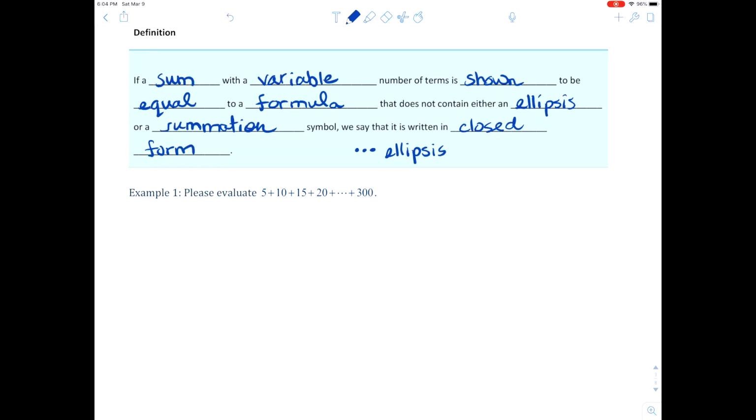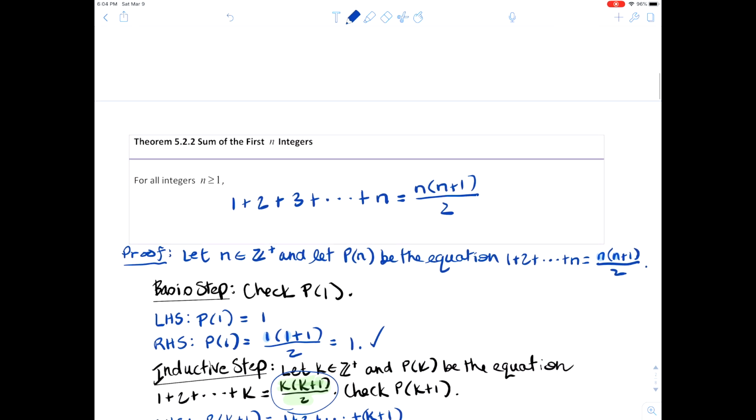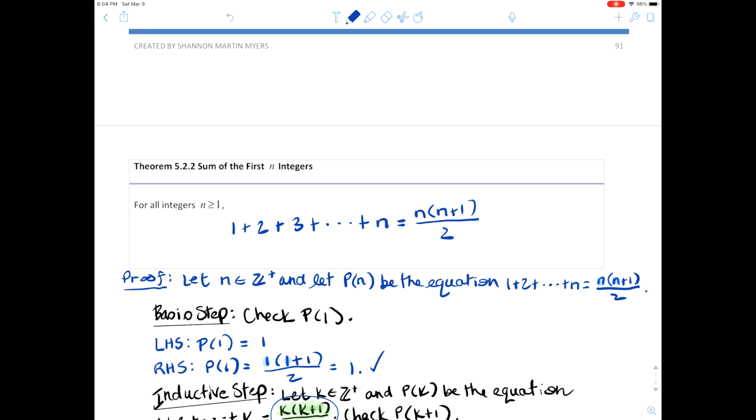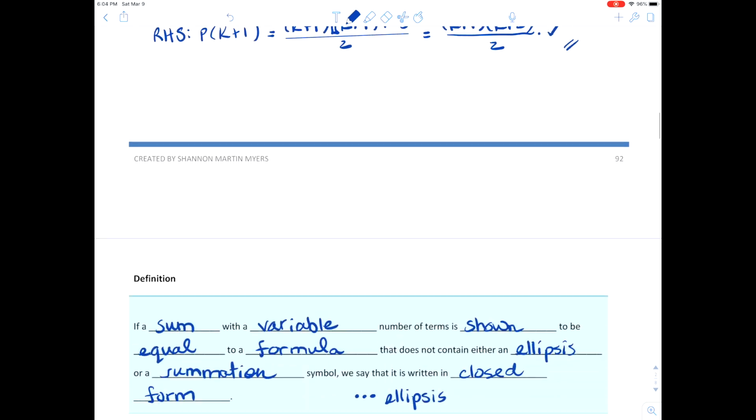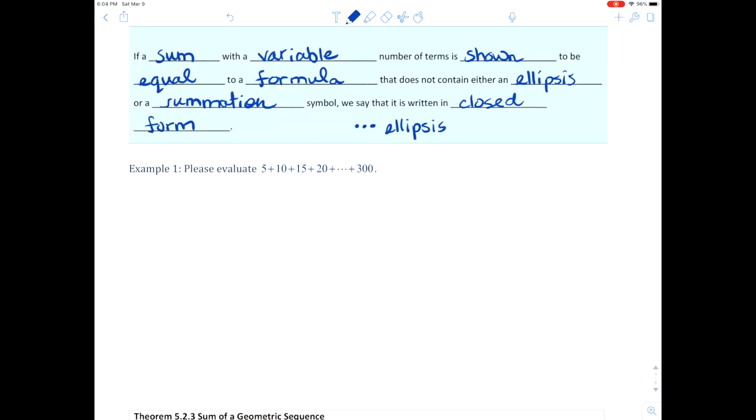We want to evaluate 5 plus 10 plus 15 plus 20 plus ... plus 300. Well, we just learned this formula here, right? That the sum of the first n integers is n times quantity n plus 1 over 2. So, unfortunately, it's going by fives, isn't it? So, let's go ahead and get our formula out. We know that 1 plus 2 plus ... plus n is n times n plus 1 over 2.